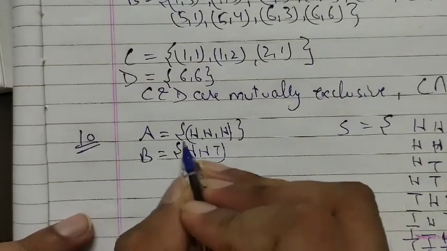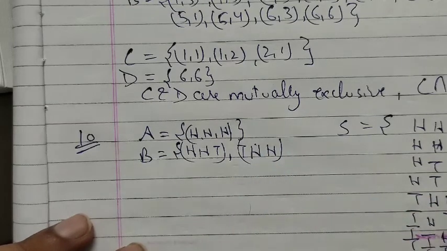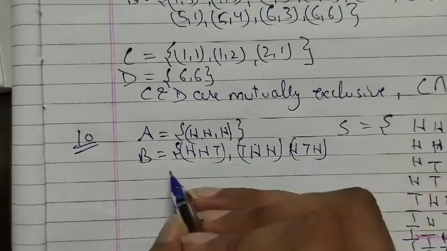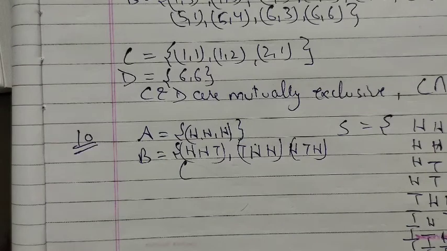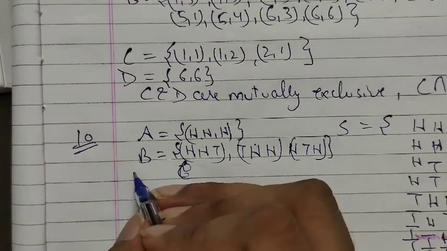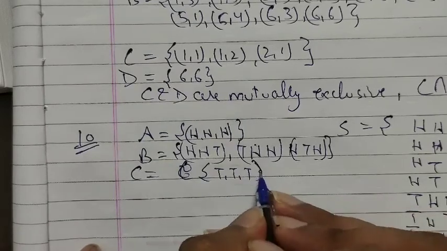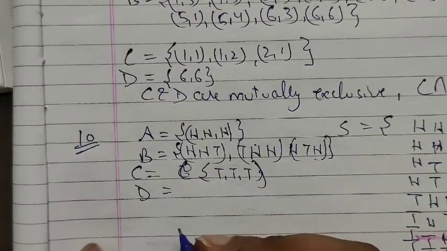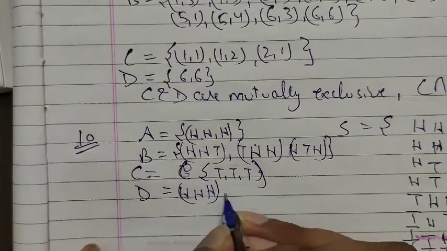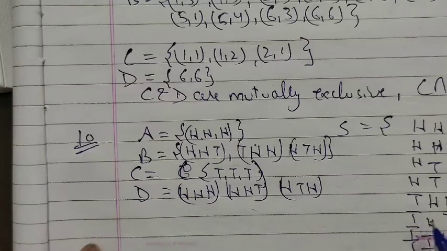C denotes an event with 3 tails. D denotes an event of a head on the first coin: head, head, head; head, head, tail; head, tail, head; head, tail, tail.